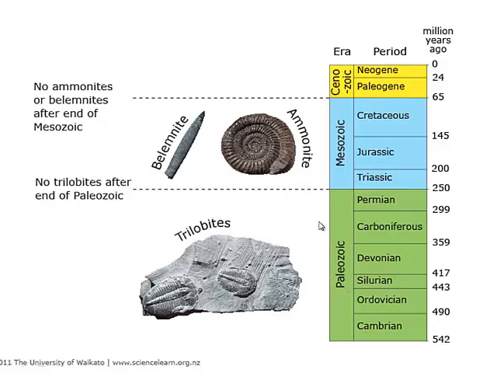And we don't find any trilobites after this point in the geologic record. From here to here, we find ammonites, which are basically a giant snail. So if you find ammonites in a rock, you know that it has to be younger than a rock that contains a trilobite.